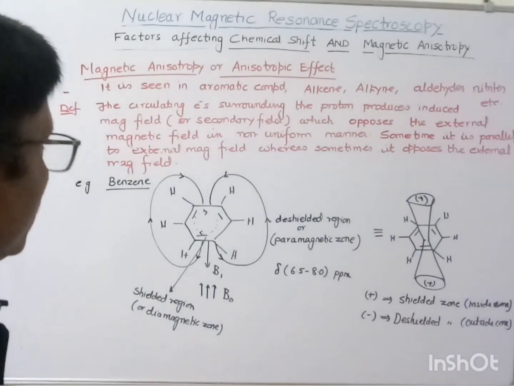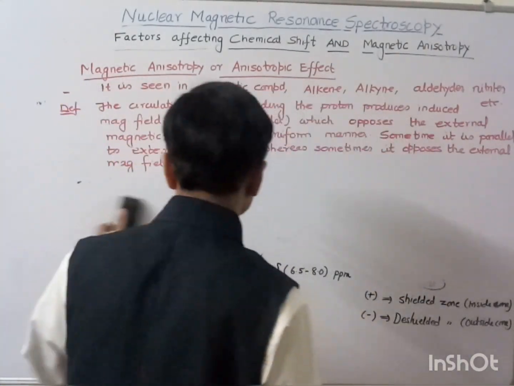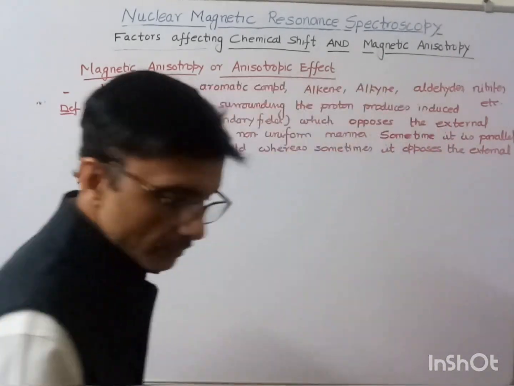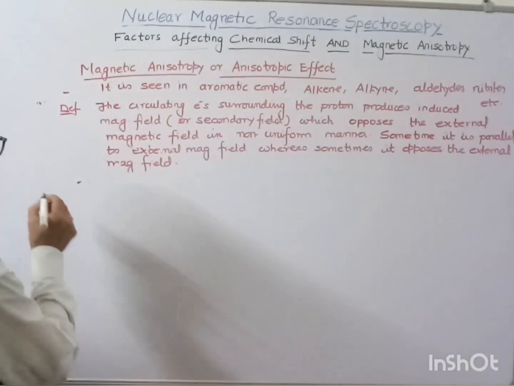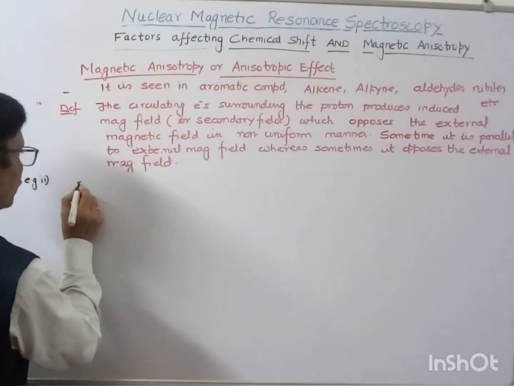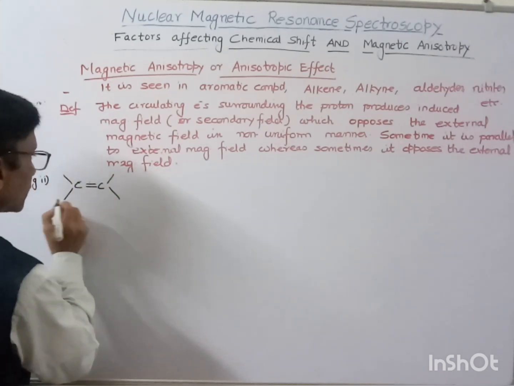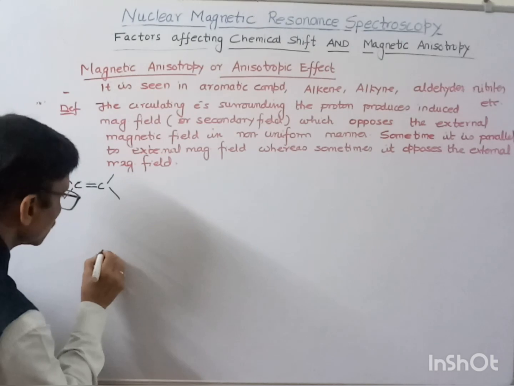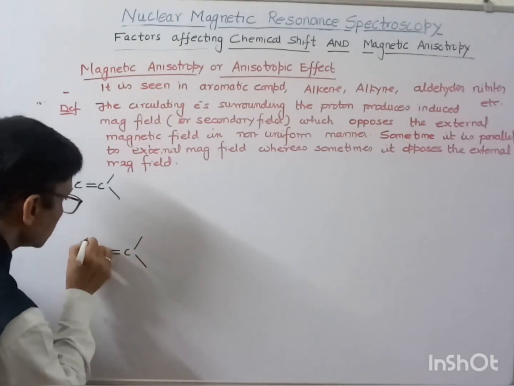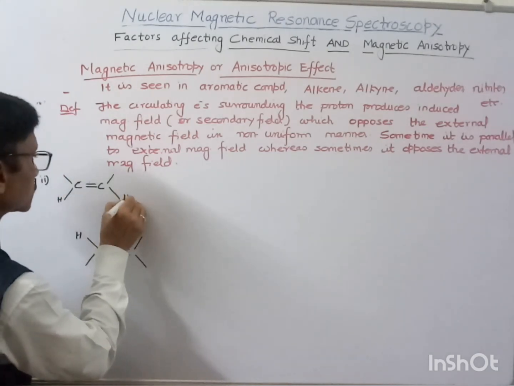In the same way, let us see it for an alkene, as the second example. Now, in an alkene, how can we show this anisotropic effect? These are the protons.